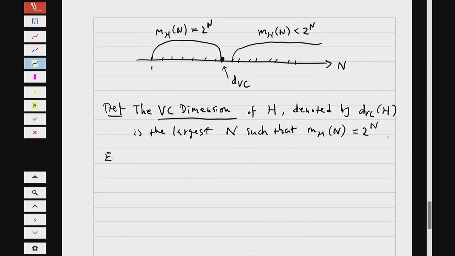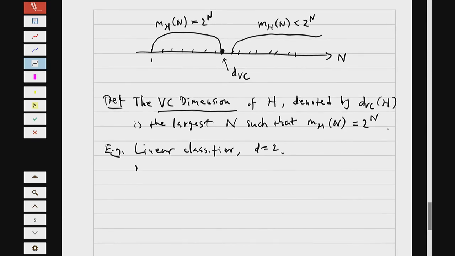So for example, for the linear classifier, let's see what happens. Again, we assume d equals 2. Then we know that MH of 1 has to be equal to 2. MH of 2 is equal to 4. MH of 3, we also know equals 8.